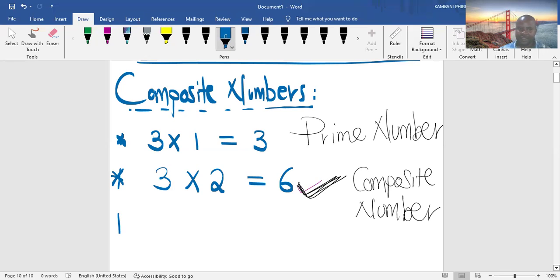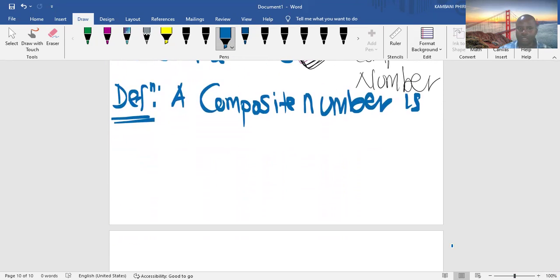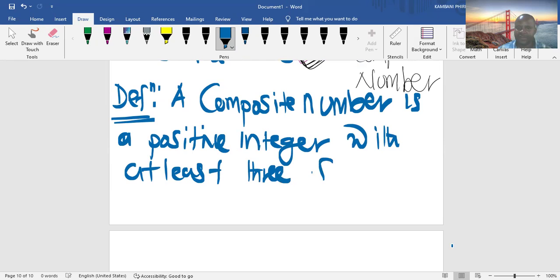Therefore, we come up with a definition of a composite number. We can say a composite number is a positive integer with at least 3 factors.